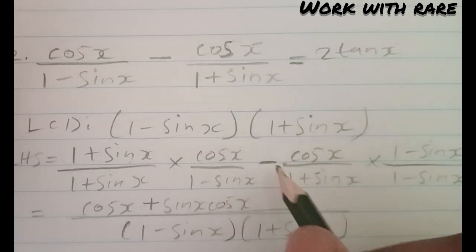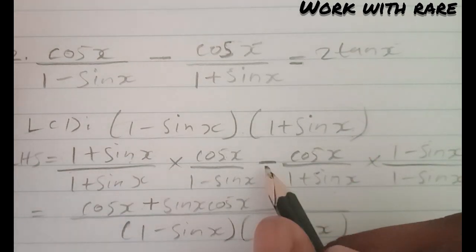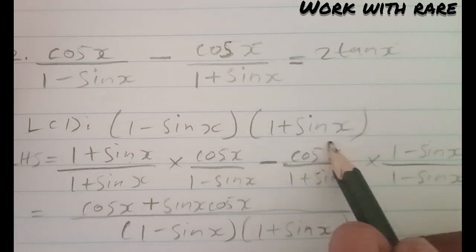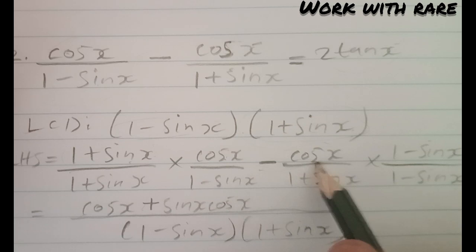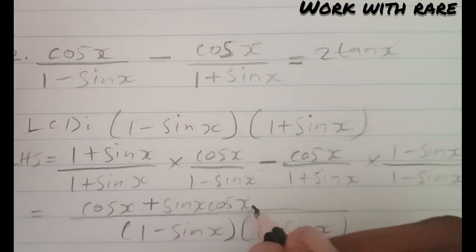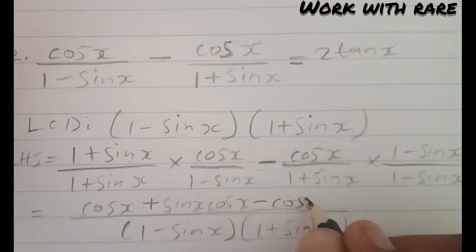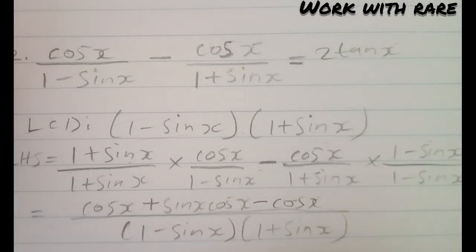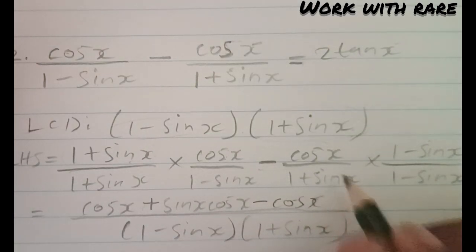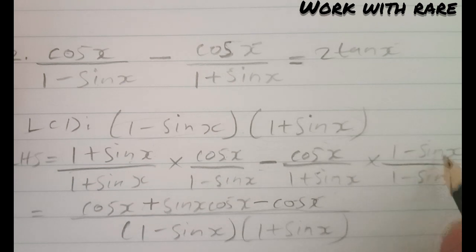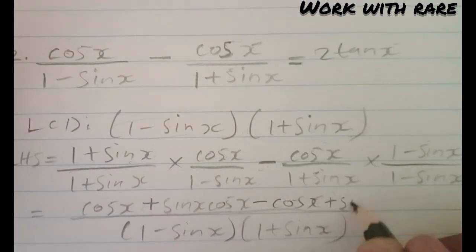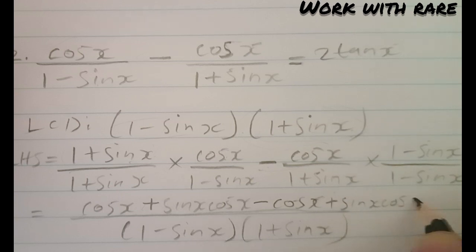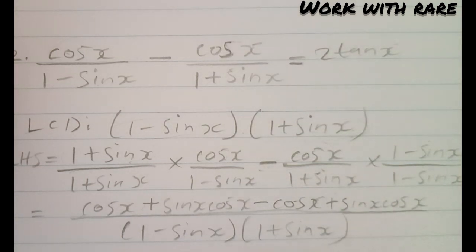Minus, here it's negative cos, so negative cos multiplied by positive 1 is negative cos x. And here it's negative cos multiplied by negative sin x, which is positive sin x cos x. So that's how it is.